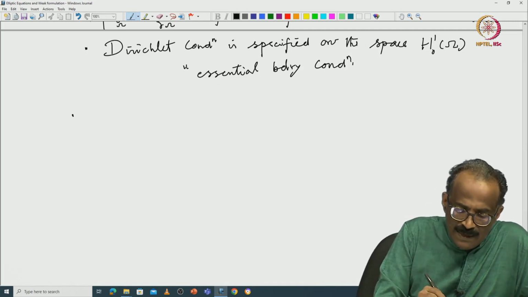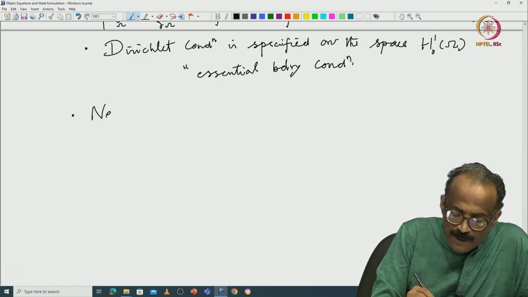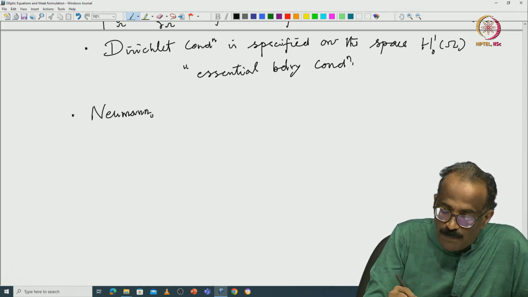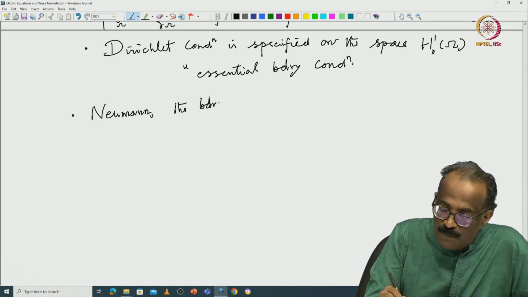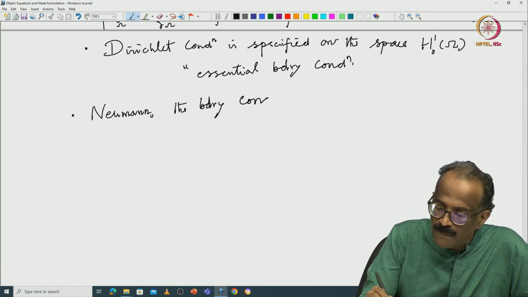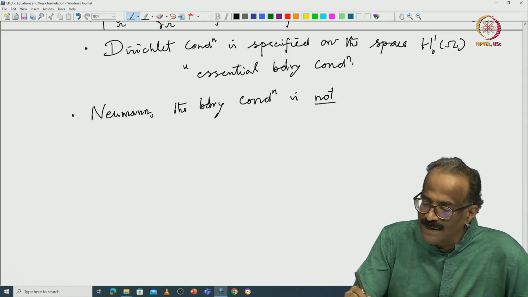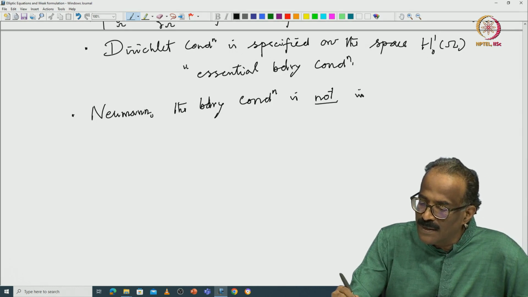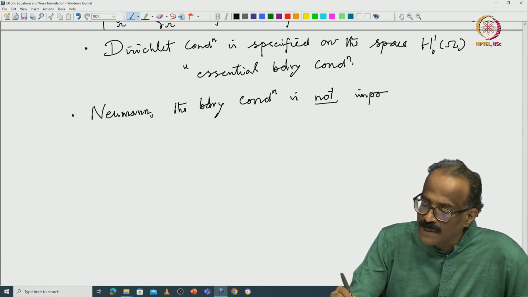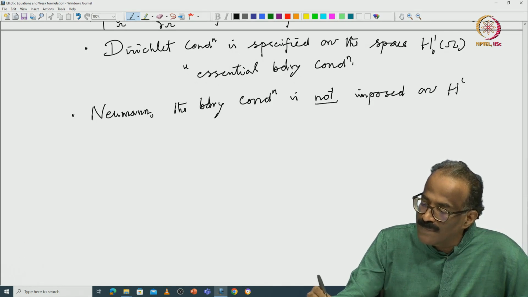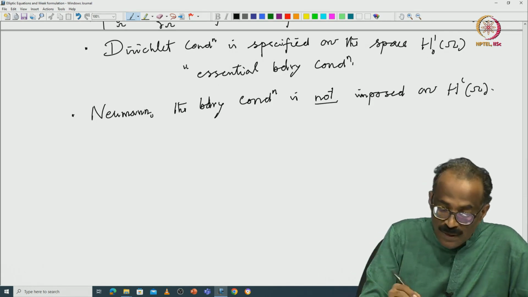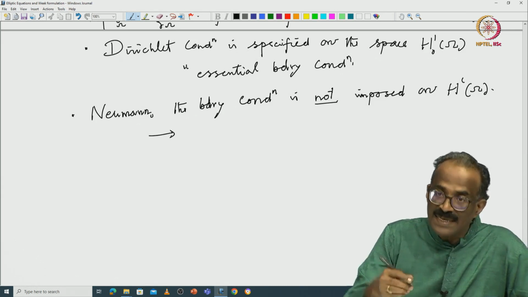On the other hand, for Neumann, the boundary condition is not imposed on H^1 of Ω. You see, that actually gives it to us naturally.